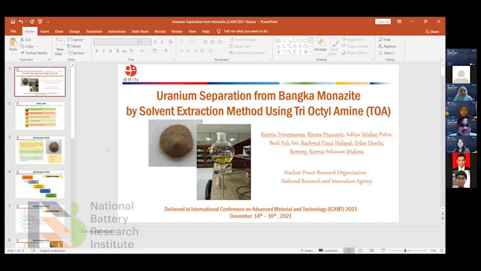In this report, I reported recovery of up to 99%, but in pilot scale, the recovery is under 99%, still at 70%.